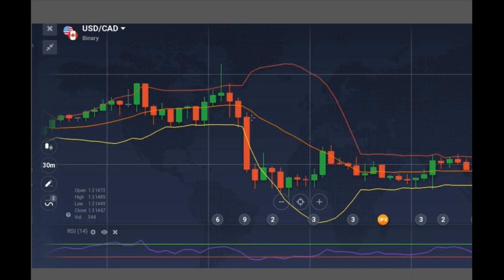The 1 minute expiry is prone to fluctuations and to movements that you cannot control. I call it noise. The market is noisy. The 1 minute candlestick is too noisy. So you don't trade 1 minute. It's a no. Never trade 1 minute, because the market is too noisy for you to interpret.